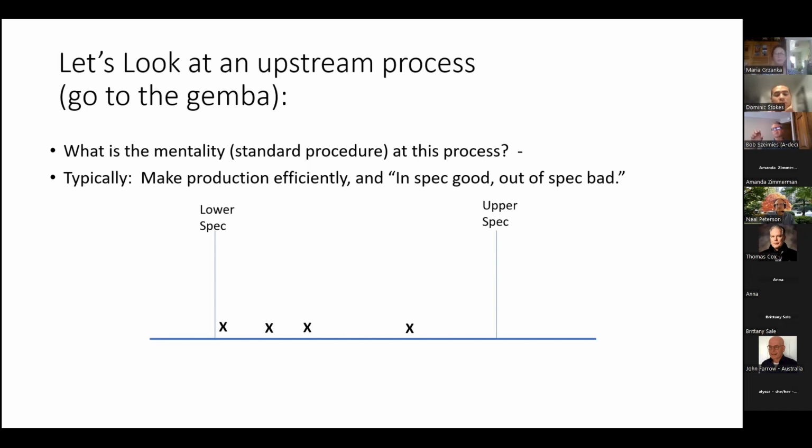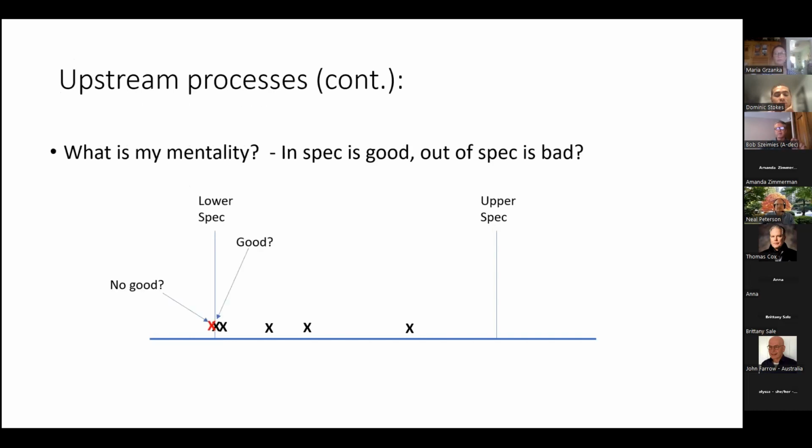So what happens is you indeed get parts throughout the spec. You get some high ones, you get some low ones. That's allowed. That's what we're doing. In spec good, out of spec bad. Before I go a little further, I want to point out one little thing. If that's our mentality, you see the part where I got the arrow pointing to good with the question mark?